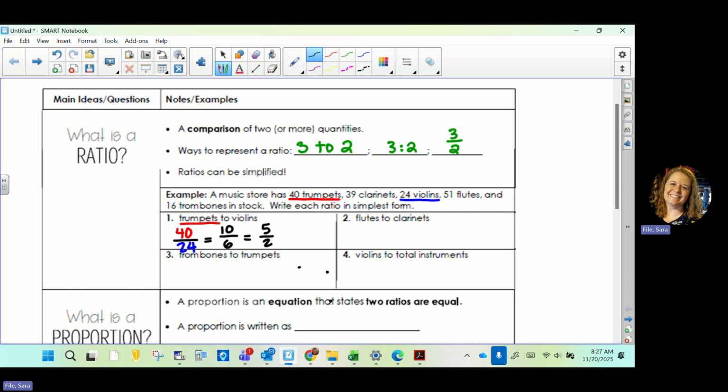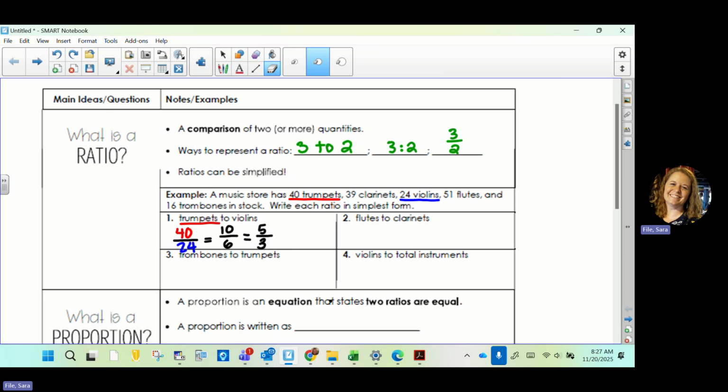We divided out a 2. That leaves me with 5/3. So we divided out a 4, and then we divided out a 2 from both parts of our ratio, the top and the bottom.